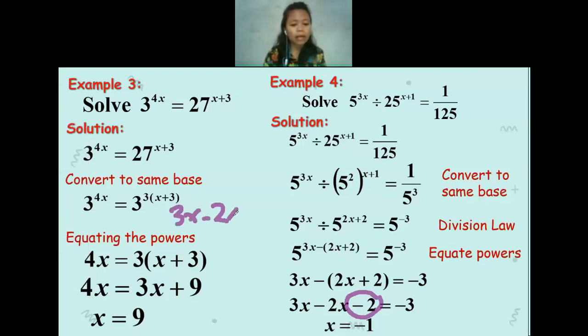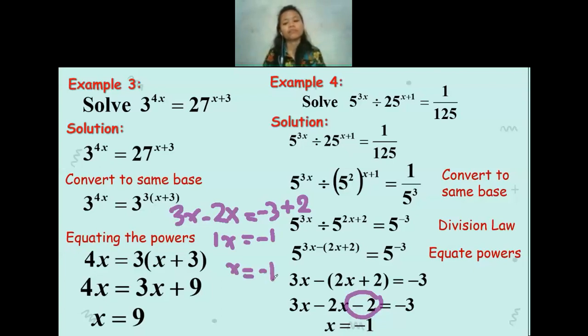Okay, sorry, I didn't write completely. So I will have 3x minus 2x is equal to negative 3, moving the other term across. Negative 2x moved to another side, we do the opposite, that's why it will be positive. So now we have 3x minus 2x, which equals 1x, and negative 3 plus 2 equals negative 1. That's why x is equal to negative 1.